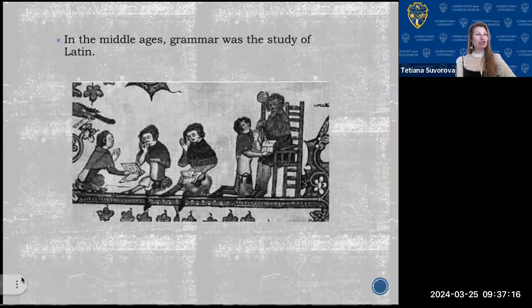In the Middle Ages, again just to refresh your memory, grammar was the study of Latin, so it was only the Latin language. But after that, in the period of Enlightenment, there was the first vision offered by Arnauld and Lancelot, if you remember, the French scholars who offered the vision of universals, that all languages have something in common.